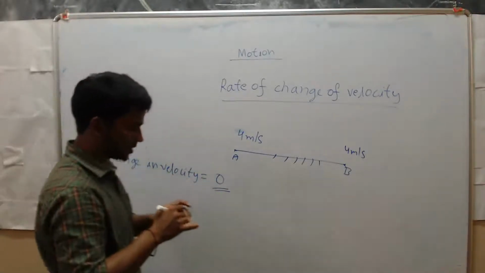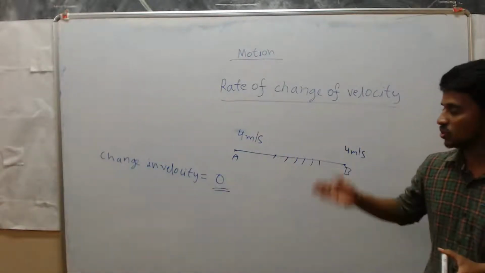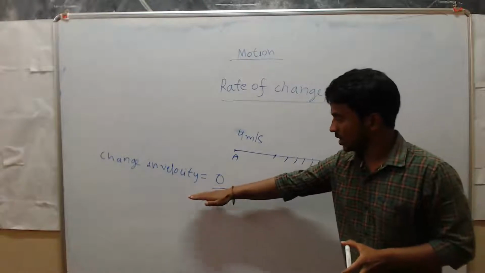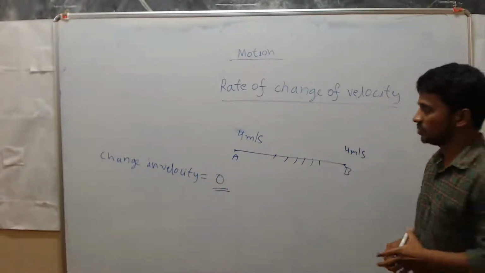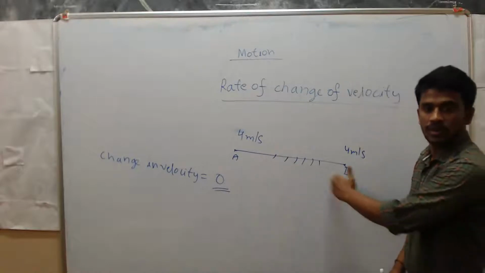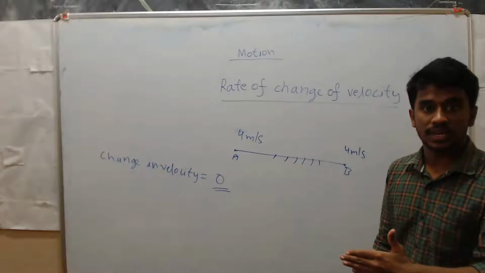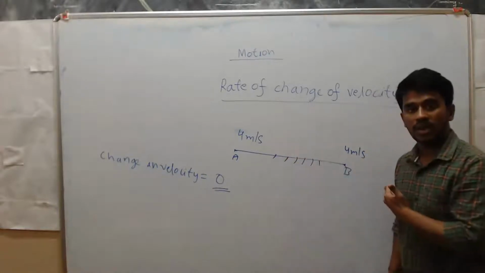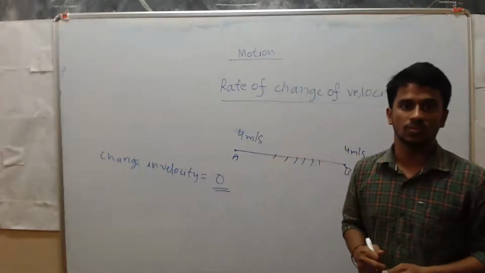From A to B, that object traveled with the same velocity, or constant velocity. In this case, the change in velocity is 0.